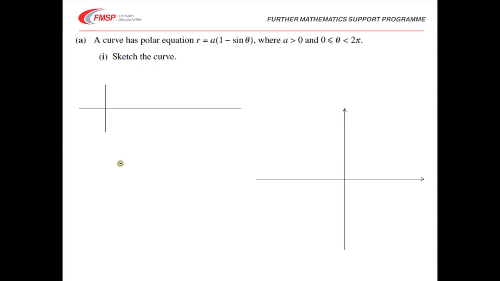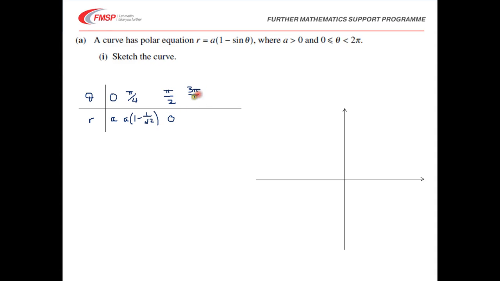Okay, doing our sketch. It's useful to draw a table of some values. If theta is 0, r is a. If theta is pi over 4, r is a times 1 minus 1 over root 2. If theta is pi over 2, r is 0.